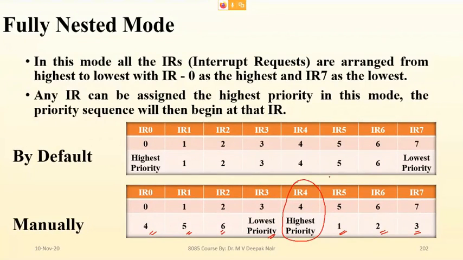So in this mode, you can change the priority of any particular interrupt, and automatically the one just before the highest priority will become the lowest priority. You can select your own priority.